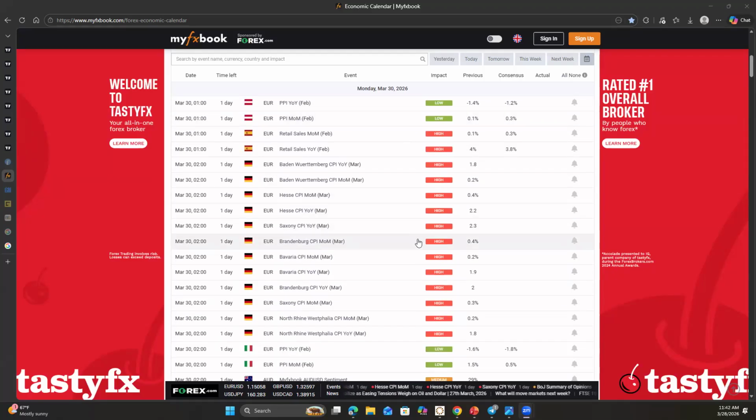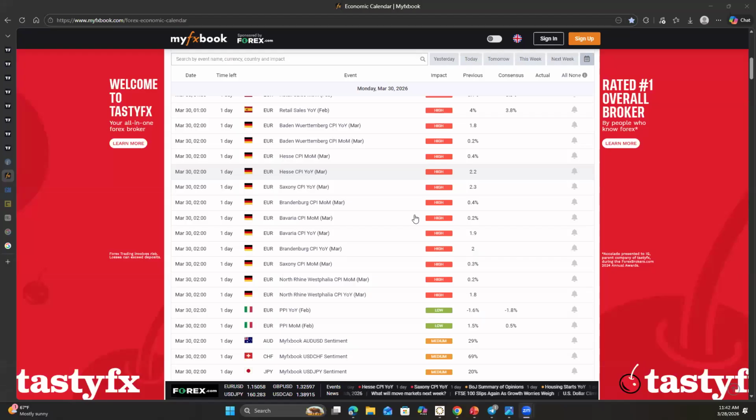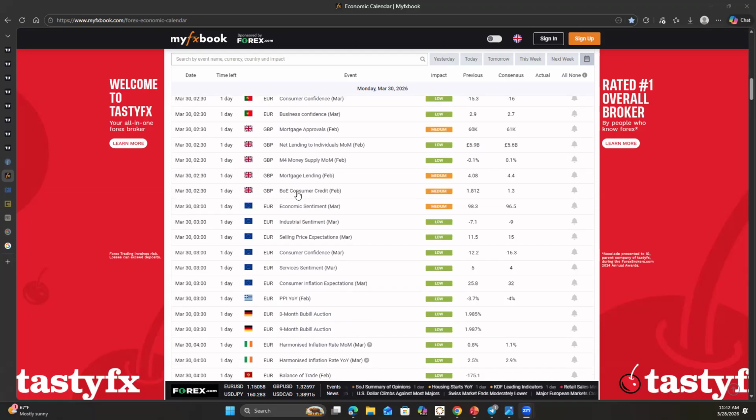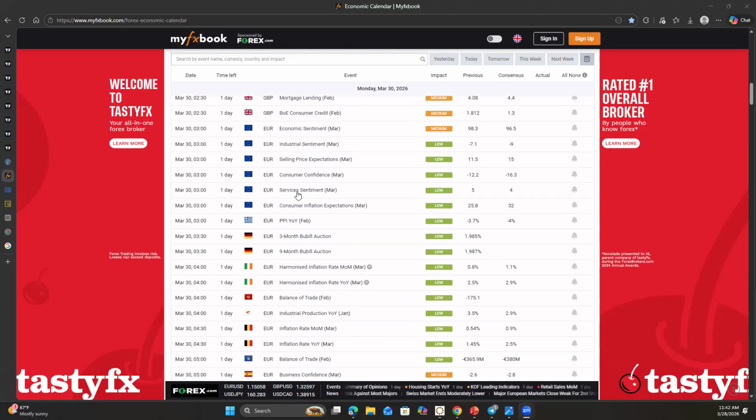A lot of red folders right here. A lot of red folders. So this is 2 a.m. Monday morning, and a lot of news. Not a lot of news on the 30th.